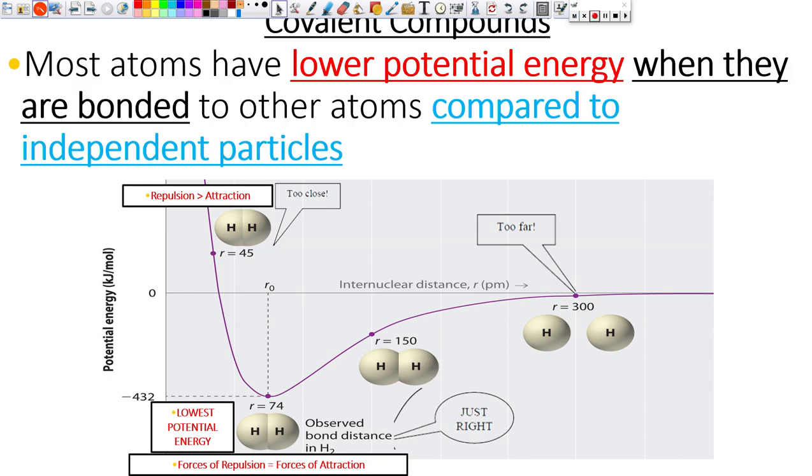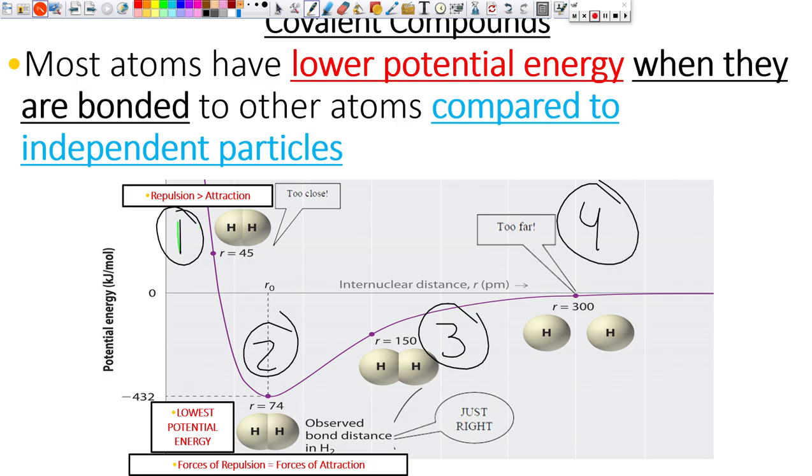I'm telling you now, you might see a question on the test like this graph. So I'm going to give you an idea of what it'll look like. This is 1, this is 2, this is 3, this is 4. Which set of atoms has the lowest potential energy?